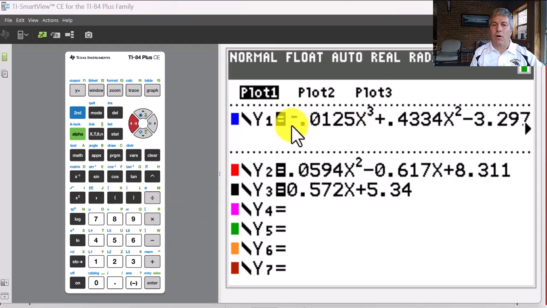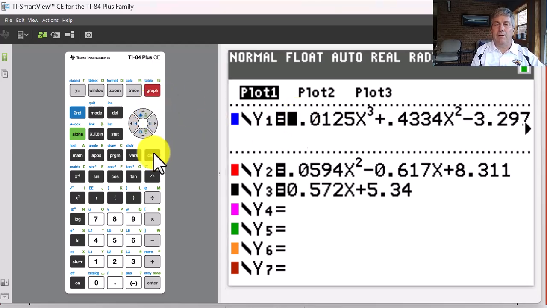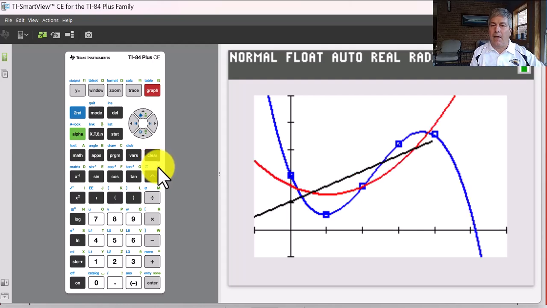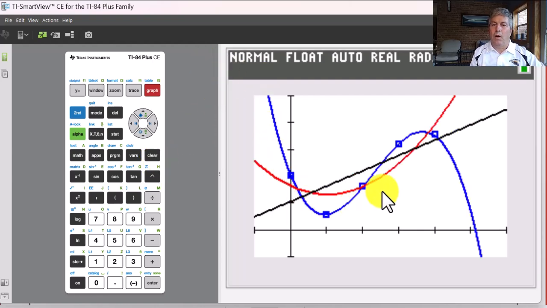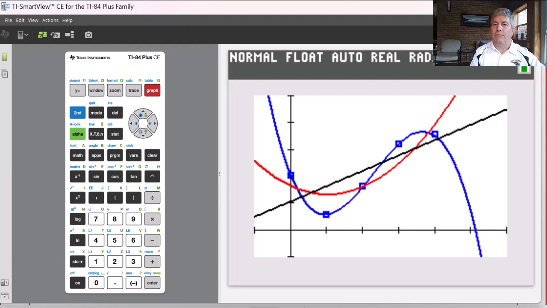I used the wrong negative sign here in my cubic model on the A term. So we'll try it again. And wow, that blue one, that cubic model looks really good. It goes through all of the data. So that's the one we're going to want to use.